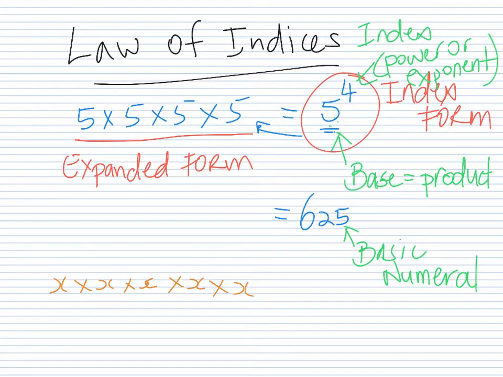Again, we recognise that this is probably not the most efficient way to say it. Remember, this part here is the expanded form, just as it is up the top.